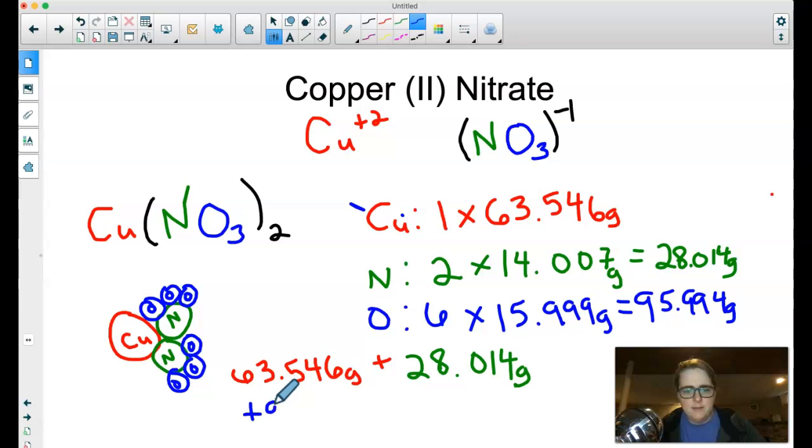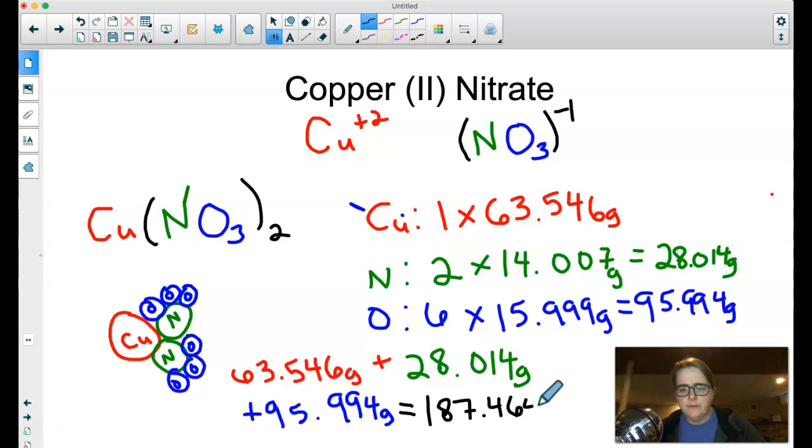So I'm adding these three numbers from above together. And it's kind of like in the intro activity you did, where, for example, if you had 2 bolts and 1 washer, you would do 2 times the mass of a bolt plus the mass of a washer. We're doing something very, very similar here. And when I put all of that in, I get 187.464 grams. So that's going to be the molar mass of a copper 2 nitrate.